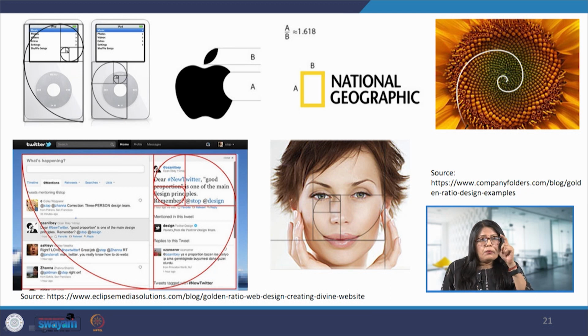At the same time, the proportion of the iPod and also the Apple logo, how there is 1 is to 1.618 working out there, and even the logo of National Geographic, it's such a simple golden rectangle.